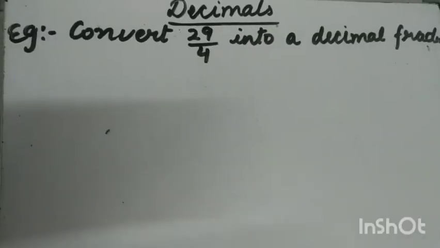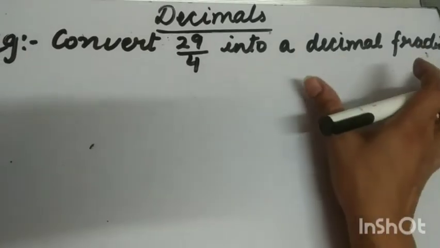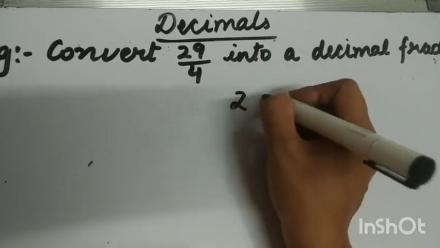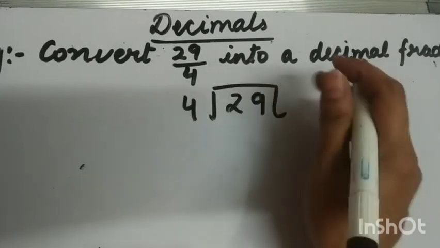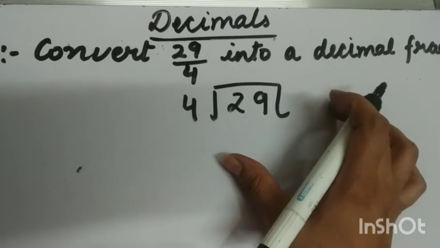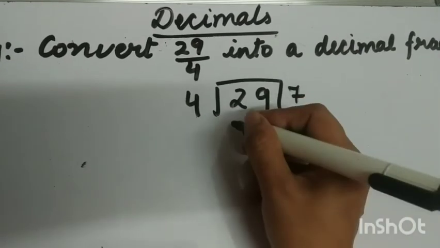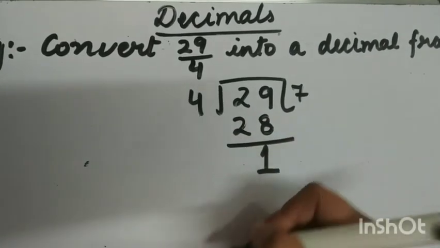Okay, see this example. Convert 29 by 4 into a decimal fraction. So we will divide 29 by 4 till a non-zero remainder is obtained. So 4 7s are 28. Now remainder 1 has been obtained.